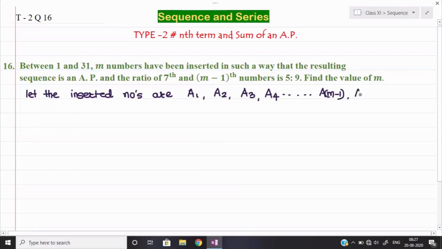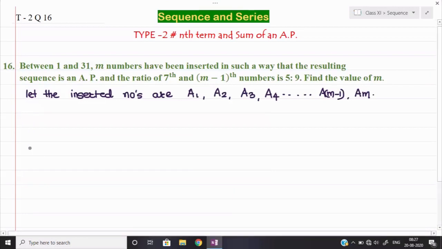Because total m numbers are there, suppose it is 10 numbers, then m is equal to 10 and a(m minus 1) will be equal to a9.